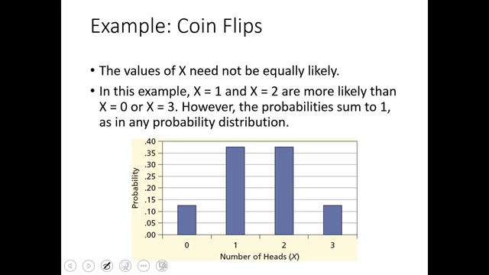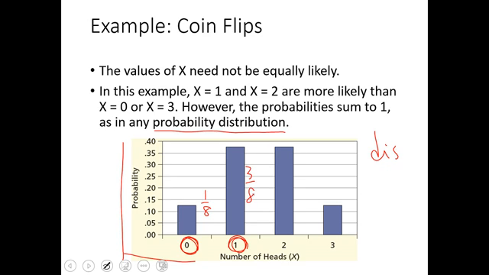So we can draw this diagram. It looks like a histogram, but we say that it is a probability distribution. The probability of 0 heads is 1/8, the probability of 1 head is 3 over 8, the probability of 2 heads is 3 over 8, and the probability of 3 heads is 1 over 8.